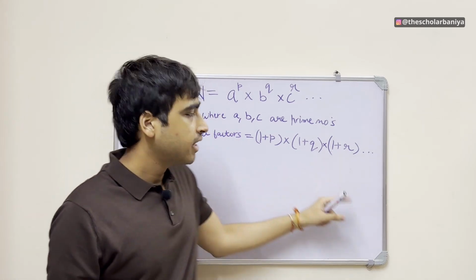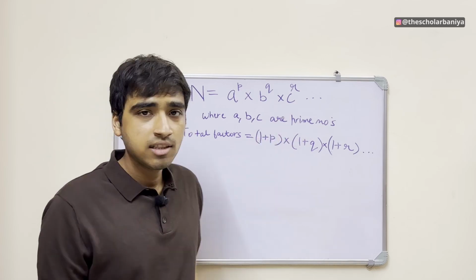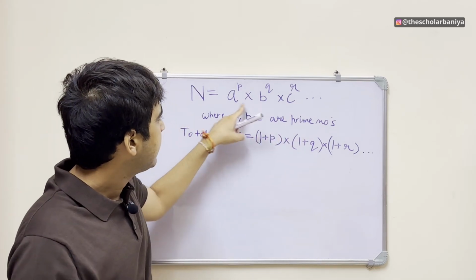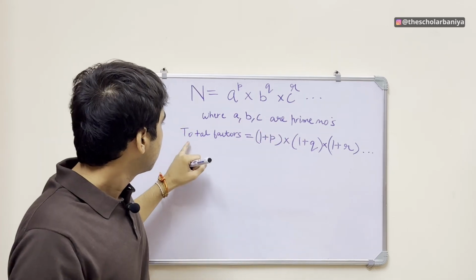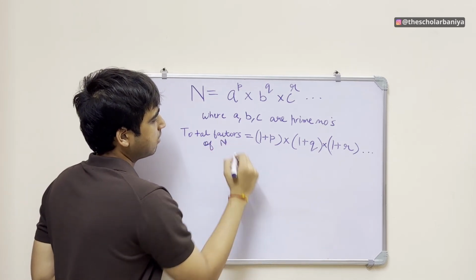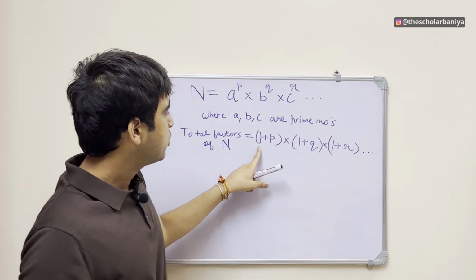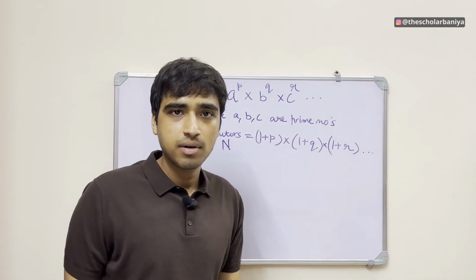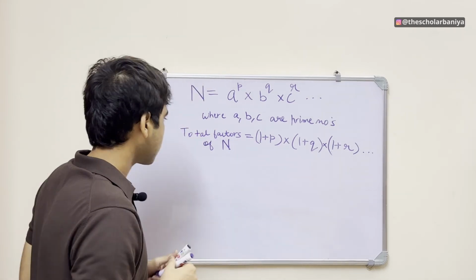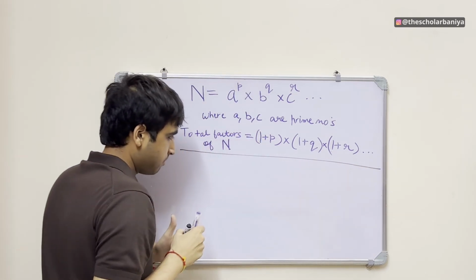So this is the formula that you should learn, that if there is a number n which can be expressed in this form, where a, b, c are prime numbers, then the total factors of n is equal to 1 plus p into 1 plus q into 1 plus r, and so on. Okay. Now let me give you an example and tell you what I mean.